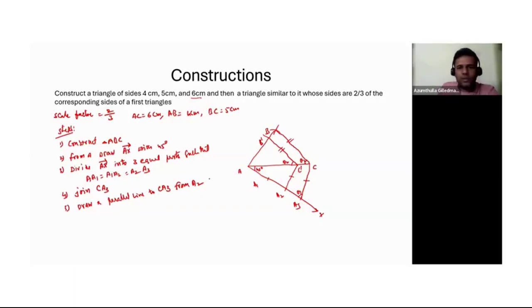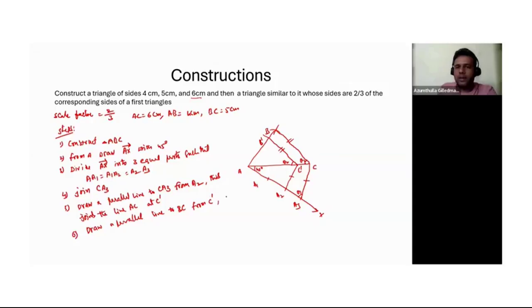And now, comma, this joins the line AC at C dash. Next what we did, we draw the parallel line to the other side, right? Draw a parallel line to CB or BC. Draw a parallel line to BC from C dash.